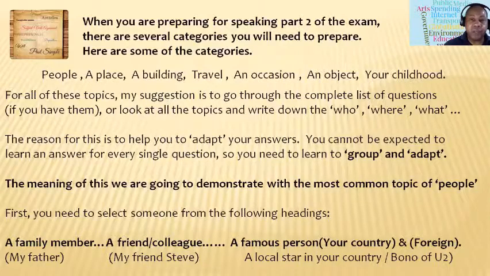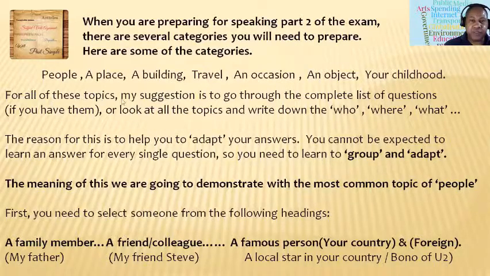Here are some of the categories: a person or people, a place, a building, travel, an occasion, an object, your childhood. These are very common themes. An experience, emotion, but these are the main things. A lot of the subtopics are subsets of these. So these, for me, are the main things that you will be asked about.